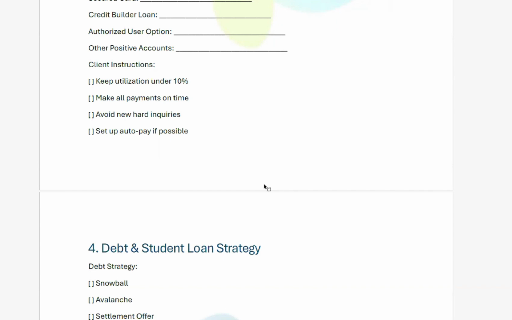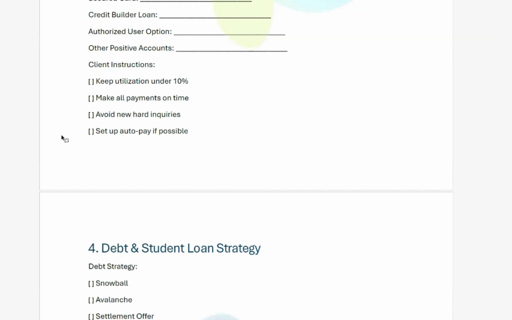Because we know we're going to get about a 150-point increase over the next 30 days as soon as they do these things. We put them in two secured credit cards and an installment credit builder loan. We're going to have three open accounts, which is what lenders want to see when they go to get a mortgage. So if they're mortgage bound, we definitely want that.